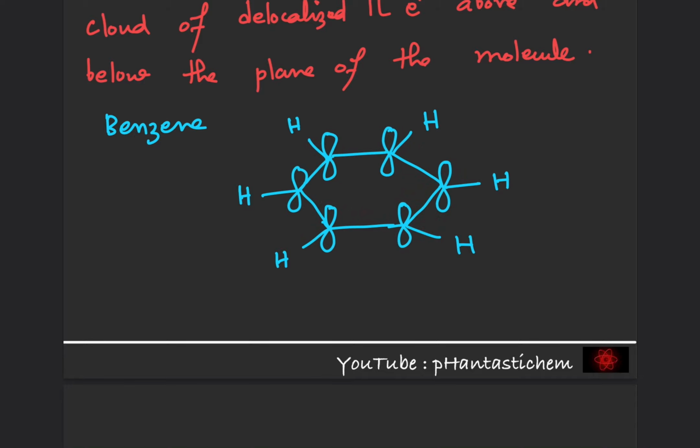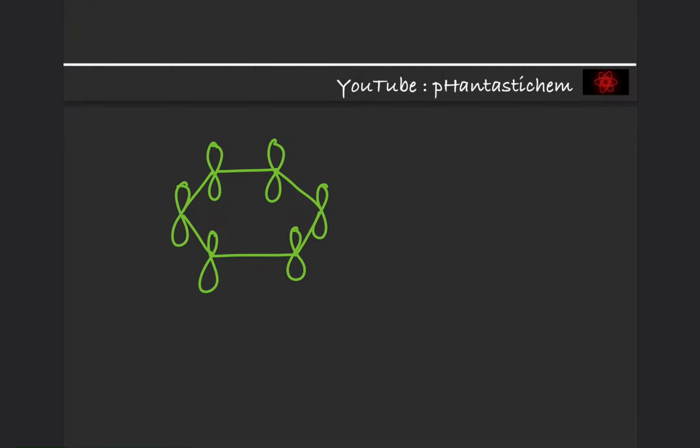Okay, so to represent or to show this, I will draw a diagram. And using dots, I show that the pi electrons are delocalized. And they're equally attracted by all the 6 carbon atoms.